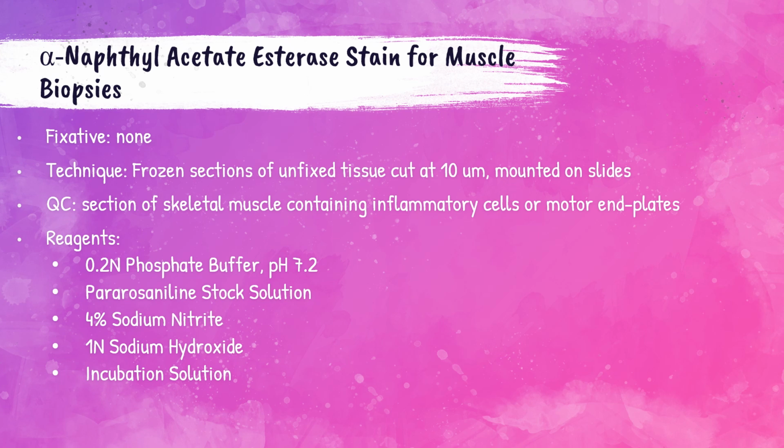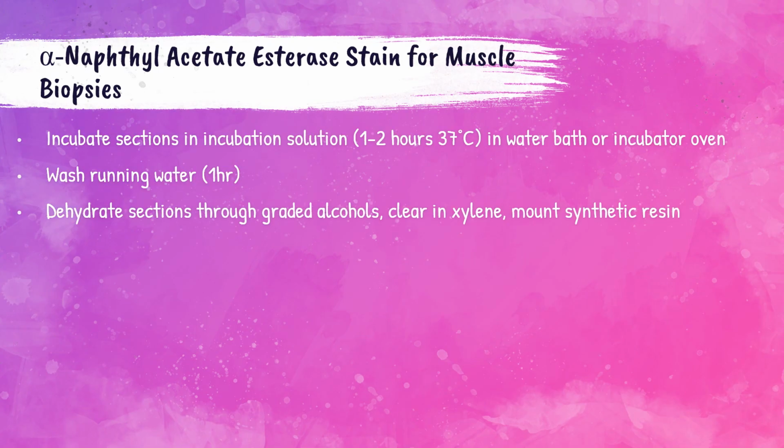So the reagents needed for the alpha-naphthyl acetate stain are as follows: 0.2 normal phosphate buffer with a pH of 7.2, pararosaniline stock solution, 4% sodium nitrite, 1 normal sodium hydroxide, and incubation solution. The procedure for this stain is pretty simple and straightforward.